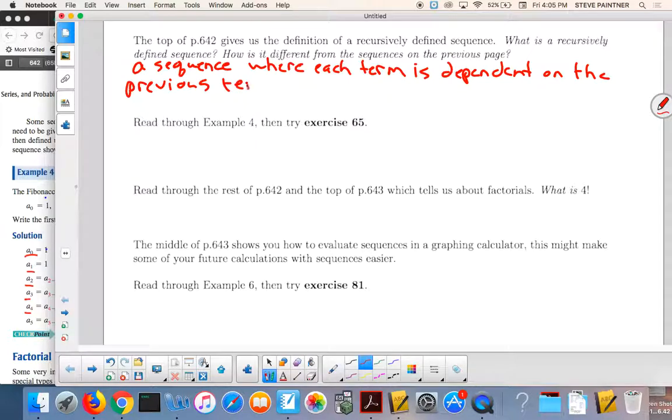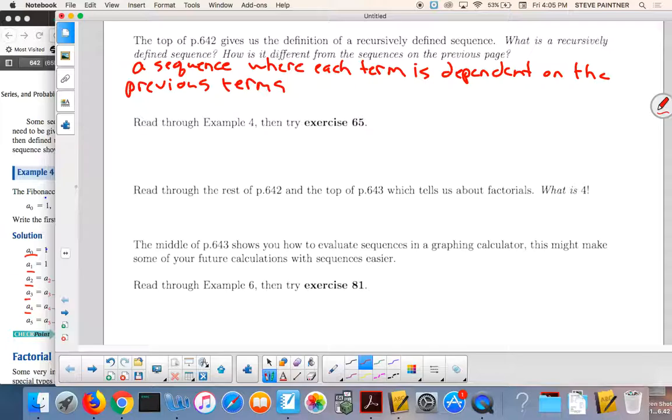I hope you see what I'm doing with these questions I'm asking you in the book. When I say what is the definition of a recursive sequence, to a certain degree I'm asking you to make sense of that in your own words. So here, I didn't take their exact definition. I read their definition and I thought, okay, how does that make sense to me? To me, it seems like a recursively defined sequence can be best described in this way. It's a sequence where each term is dependent on the previous terms.